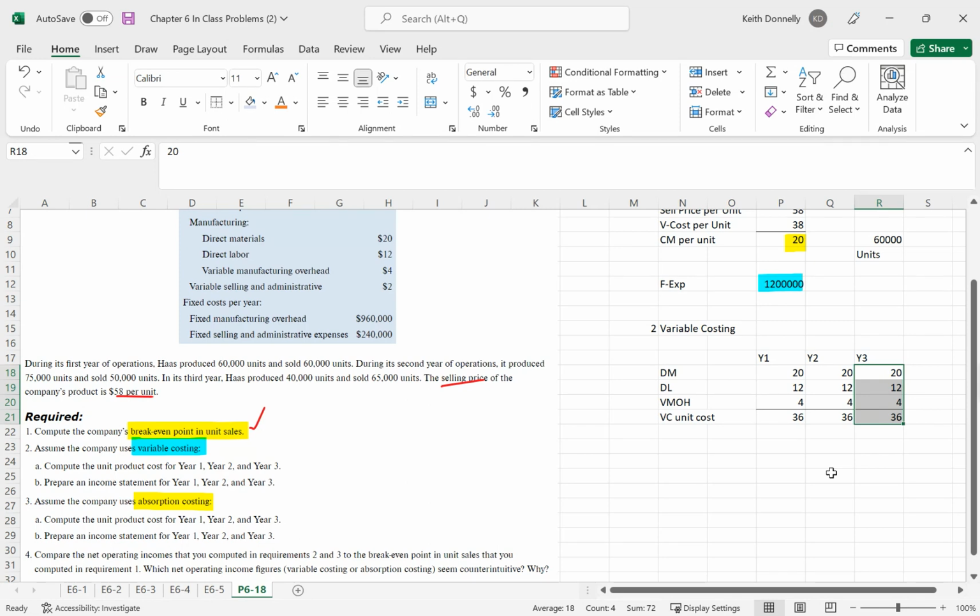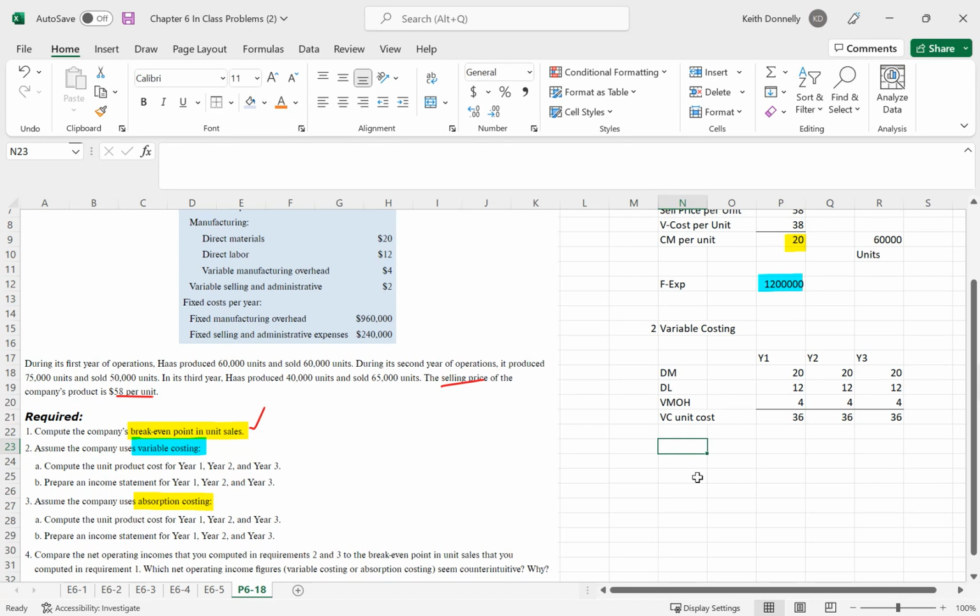And again, the selling and administrative expenses aren't product costs. We're not going to look at them when we're looking at the unit product cost. Selling and administrative is a period cost. So we'll do an income statement here under variable costing.